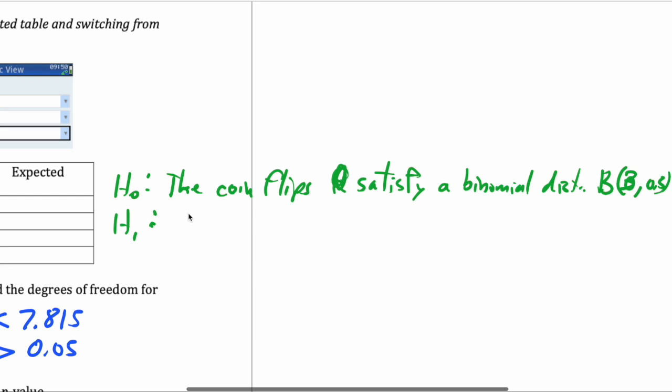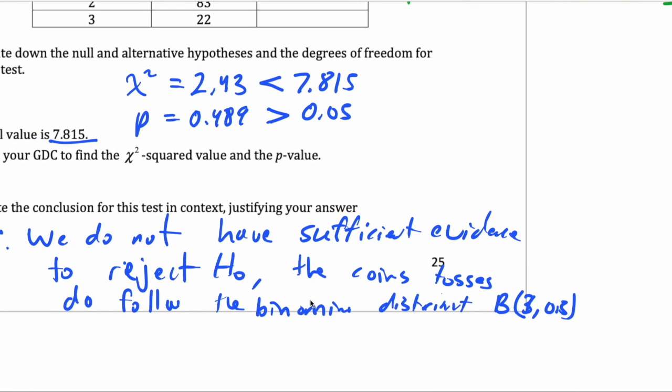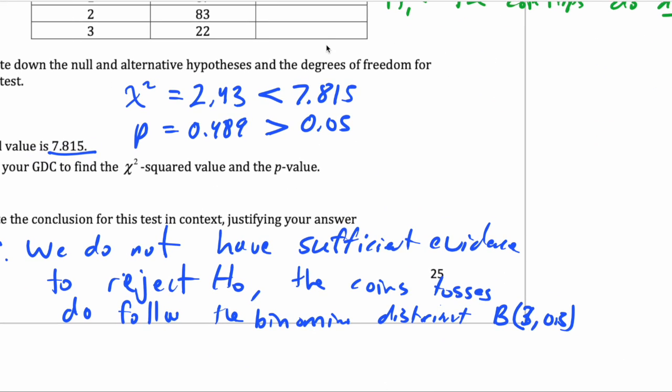And the alternative hypothesis is the coin flips do not satisfy a binomial distribution, and write the same thing. So don't forget to do this first, and then do the test, and then the conclusion. That's the order it should go in.